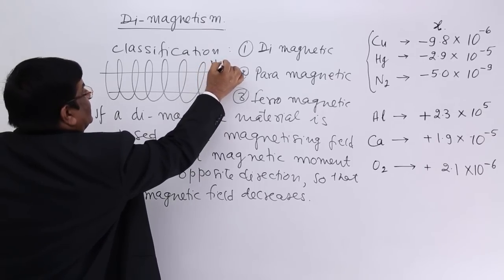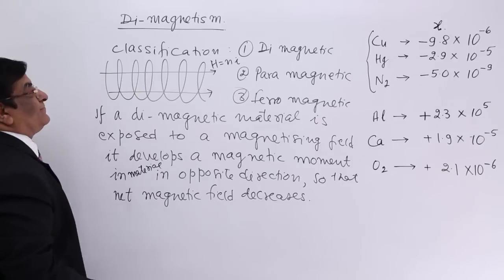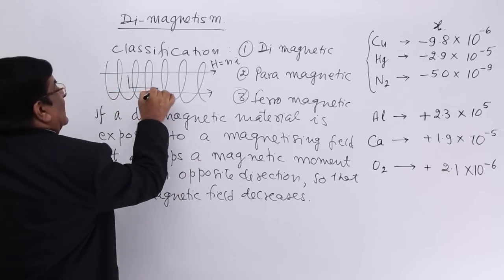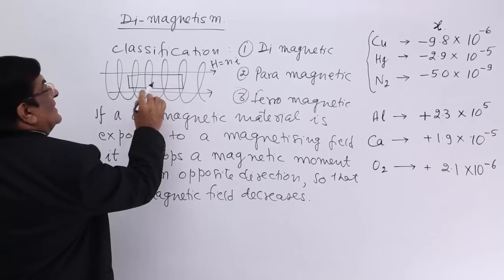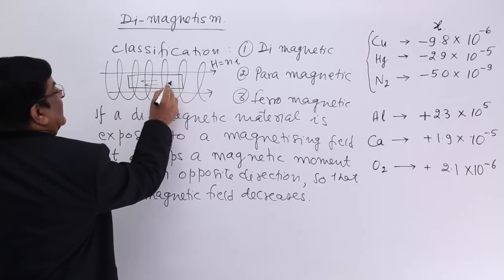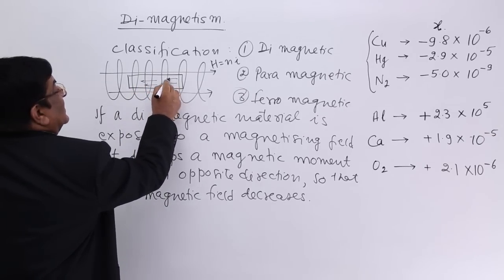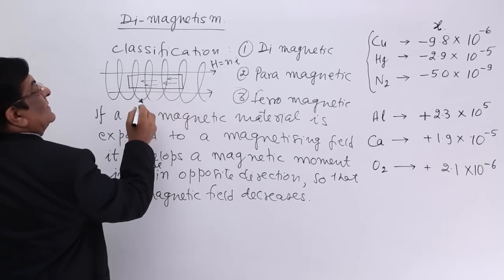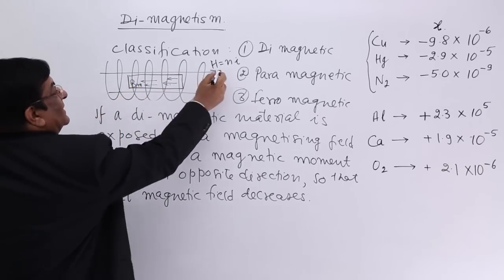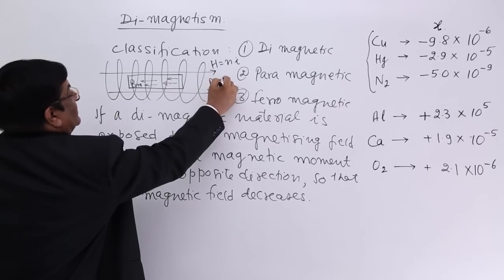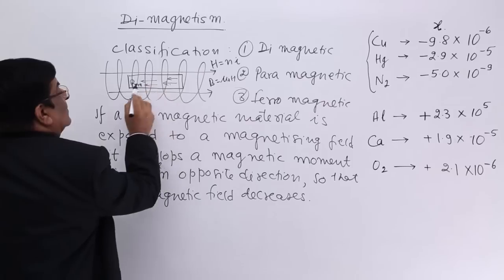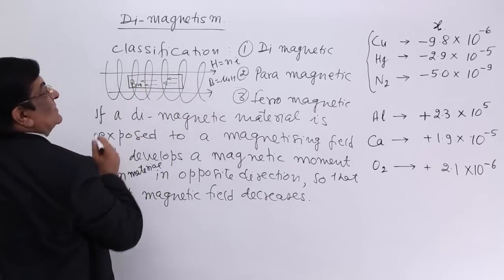H is equal to Ni. Then I put a diamagnetic material here. In the diamagnetic material, the magnetic field is developed in this direction. This is the induced magnetic field, Bm, the magnetic field in the material. This is B, which is equal to mu naught H, in this direction, while Bm is in this direction.